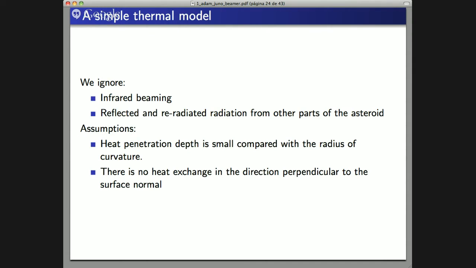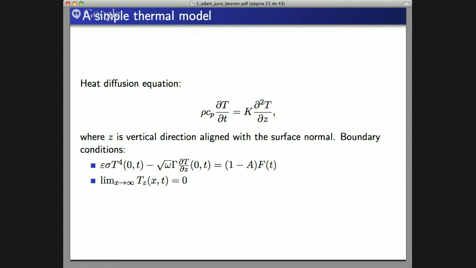And we just make the usual assumptions so that we can calculate the temperature per facet easily. So the usual heat diffusion equation and then the usual boundary conditions here. So F is the insolation.